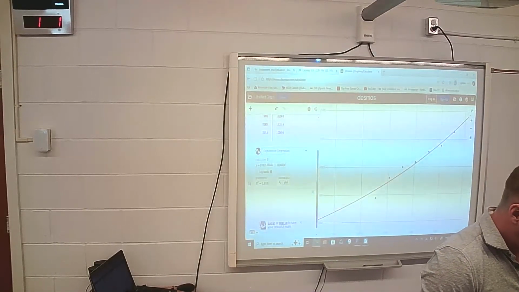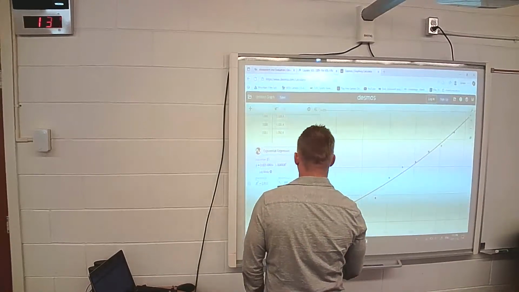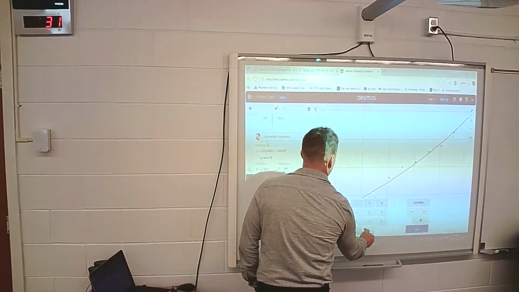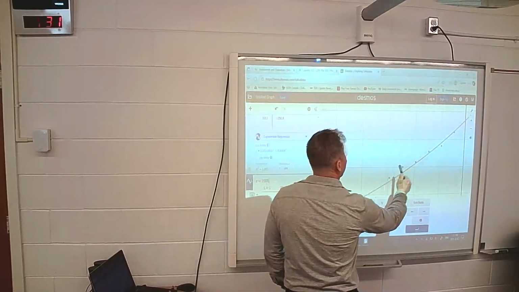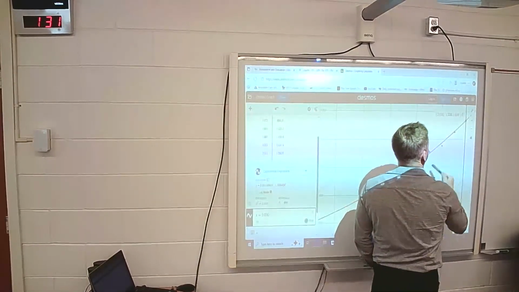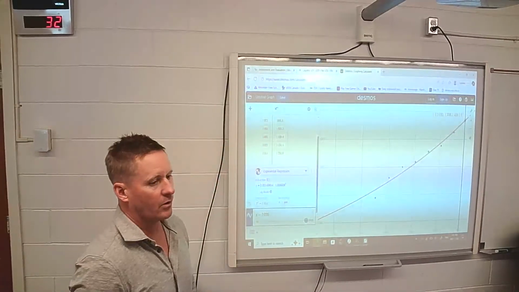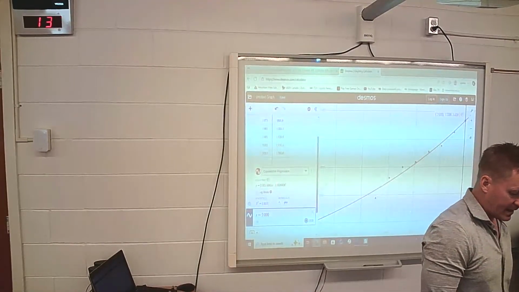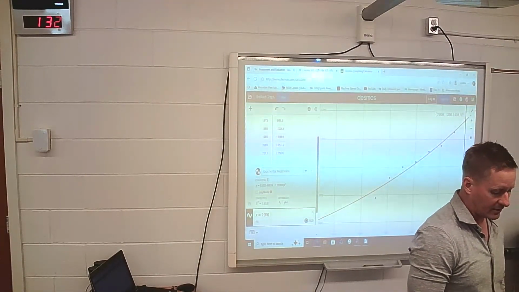Assume the same growth rate. Estimate the population in 2020. Okay. So I need to find when x equals 2020. And right there. Population will be 1336.14. Then it says estimate when the population is 1,500.